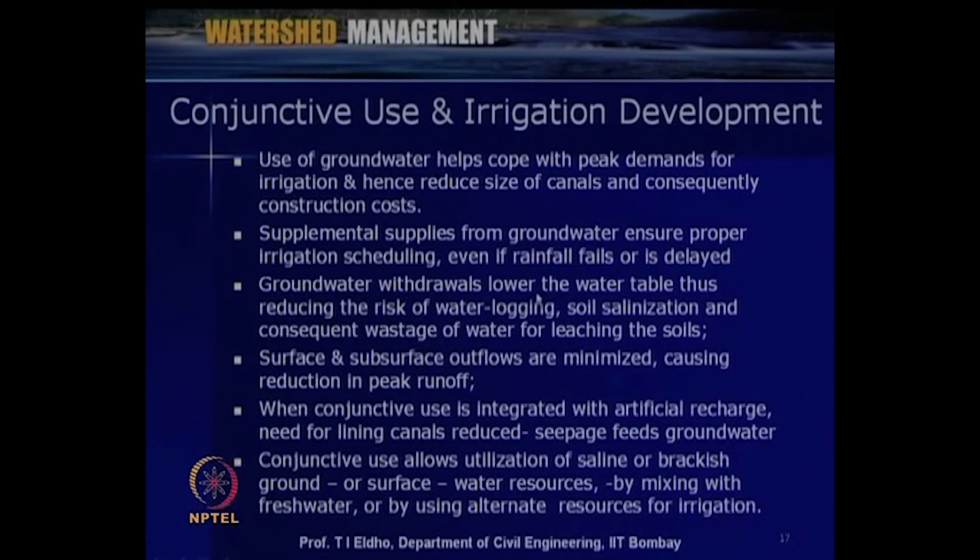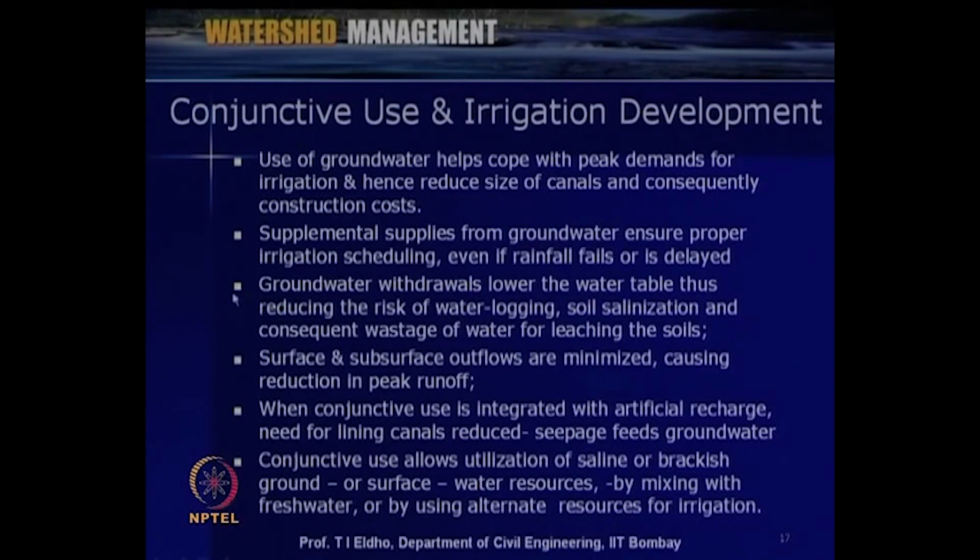Then groundwater withdrawals lower the water table, thus reducing the risk of water logging, soil salinization and the consequent wastage of water for leaching the soils. We can see that a lot of agricultural land becomes wasteland due to water logging and salinity problems.